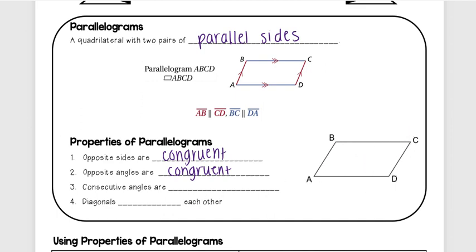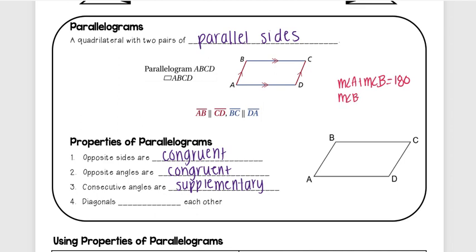The next one is that consecutive angles are supplementary. So if you recall from last semester, that means that they add up to equal 180. So I'm going to go ahead and just list all of them. That means that angle A plus measure of angle B is equal to 180.